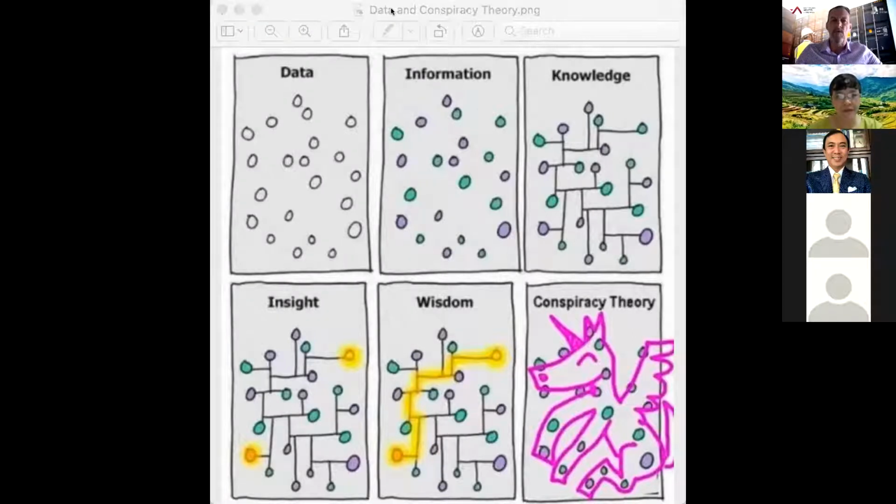We need to be very careful about interpreting the data and about what we think we're seeing, because it's very easy to see things in the data that you want to see. And that's not our role. Our role is to collect, analyze, interpret, and present. We need to be careful that we don't start to look for things in the data which aren't there. And this is particularly important when we're talking about industry intelligence.